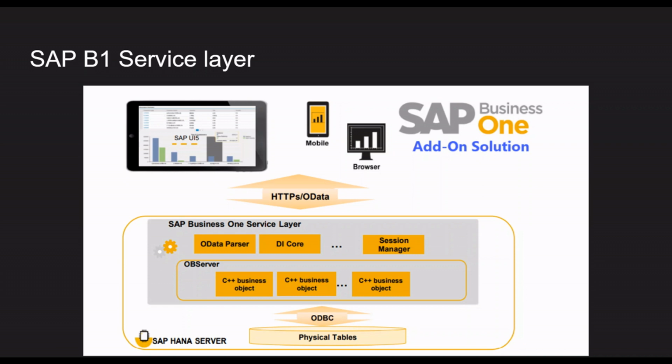The service layer achieves high performance and scalability by multiprocessing. DI Core is the interface for accessing SAP Business One objects, the same one used in the DI API, and it's handled by the same service layer model, right? OData, as used here, is basically data in HTTP as a resource, with HTTP methods to act on it.